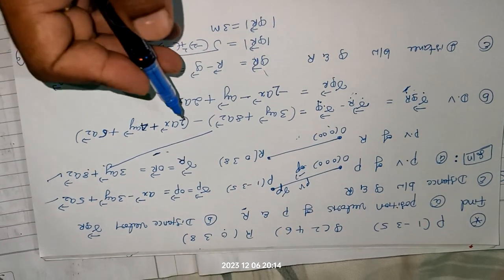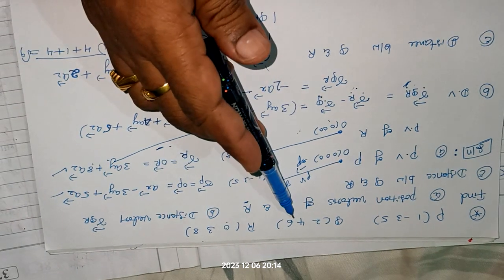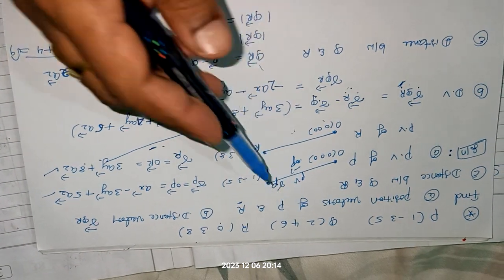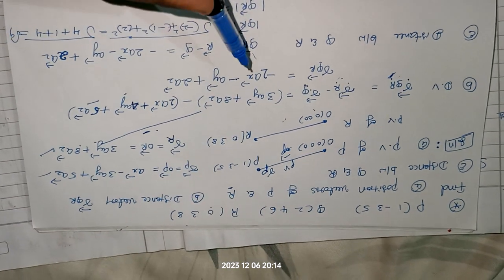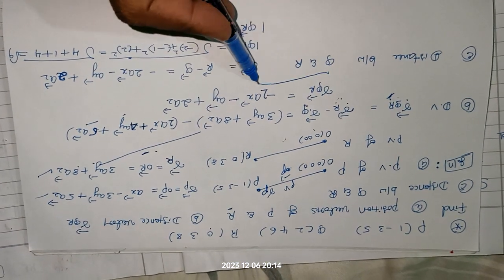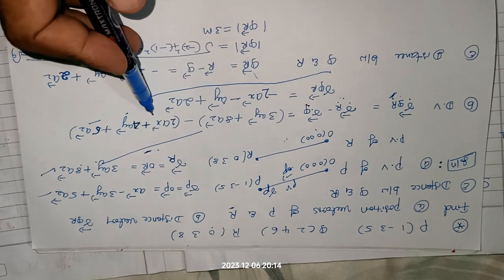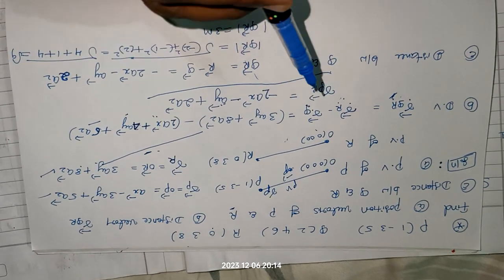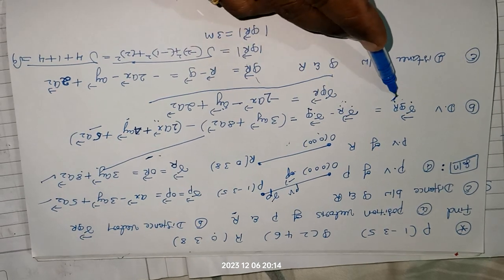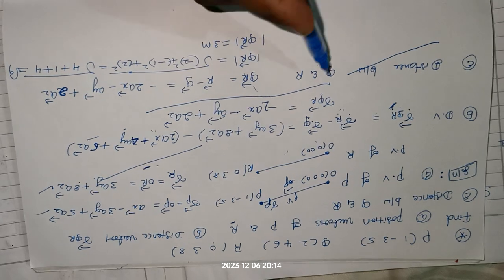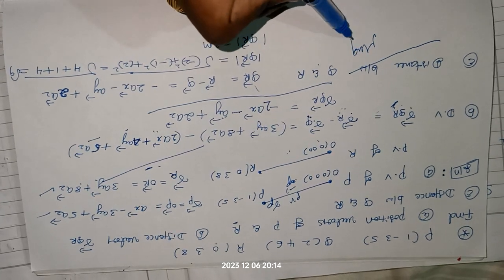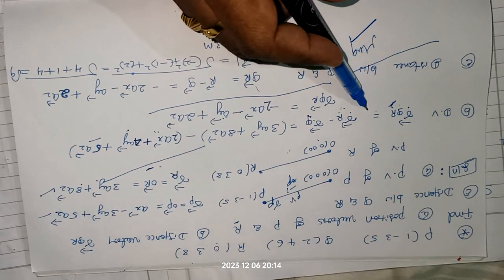For RQ, look at the Q. Take the O to Q, so it is going to be 2, 4, and 6. Finally, if you subtract these two, you will get RQR like this. That is the distance vector, the distance between the two points Q and R. Next, the distance between Q and R. The distance is nothing but the magnitude. The vector is the difference, and the distance is a scalar.